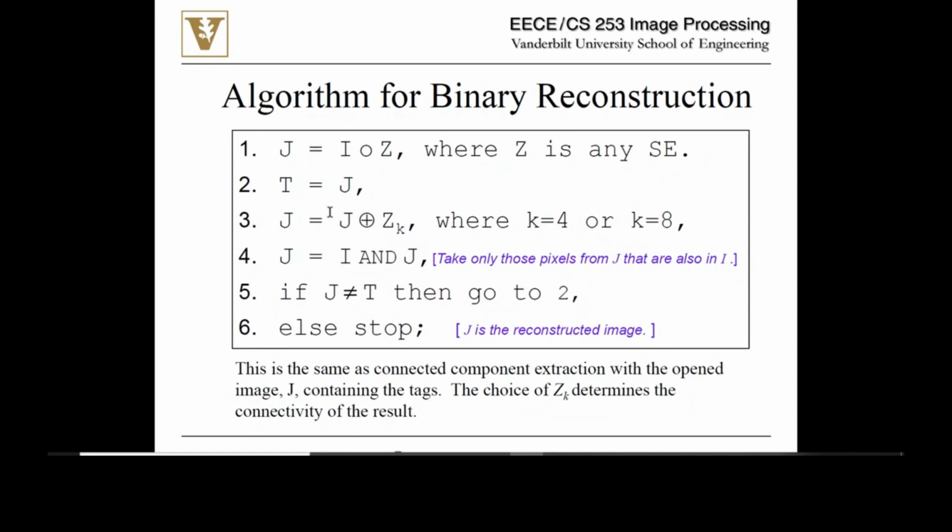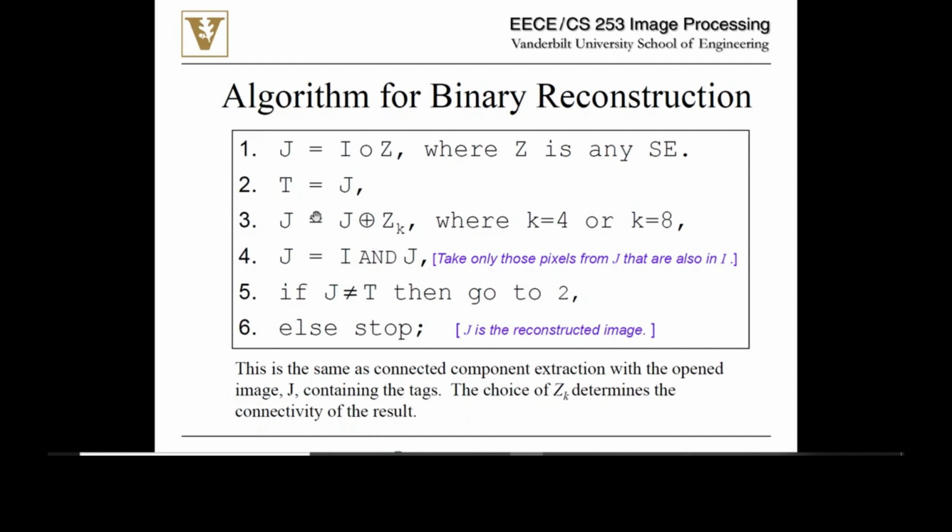The first step is to dilate with a kernel. And then you compute the AND. These are sets, so the AND is also well defined. The AND is like the intersection. So you find which are the pixels that are in J and in I. So this is the intersection between I and J.